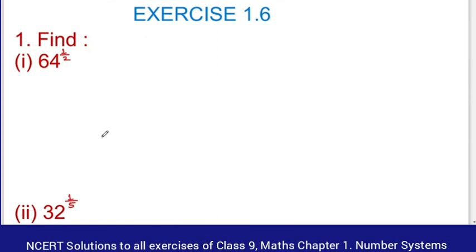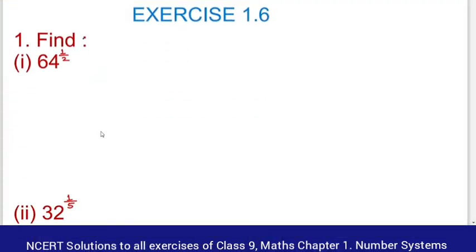Exercise 1.6, question number 1, find first one 64 to the power 1 by 2. Solution. So this 64 can be written as 2 to the power 6.